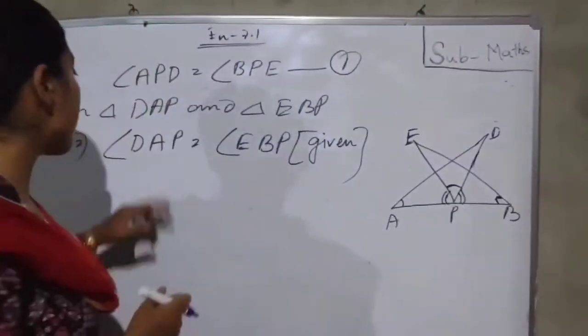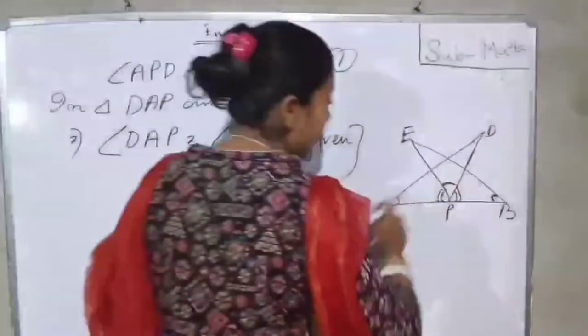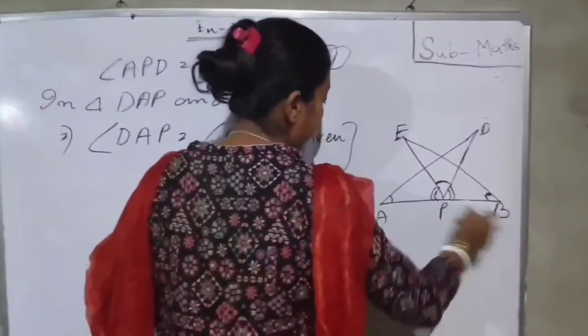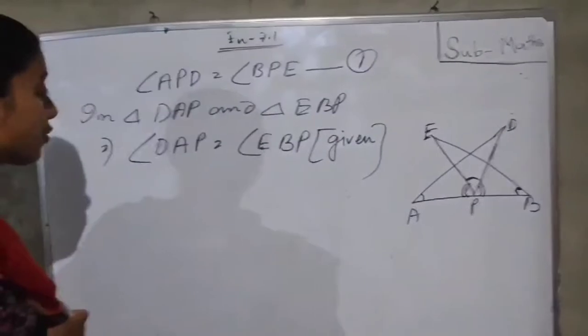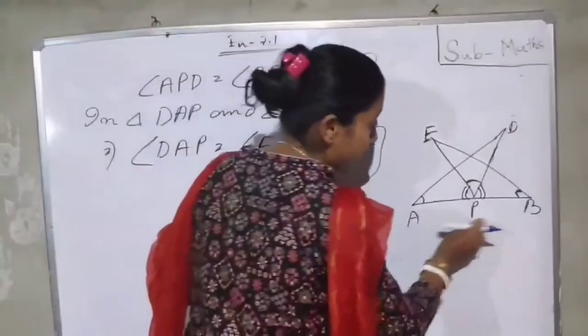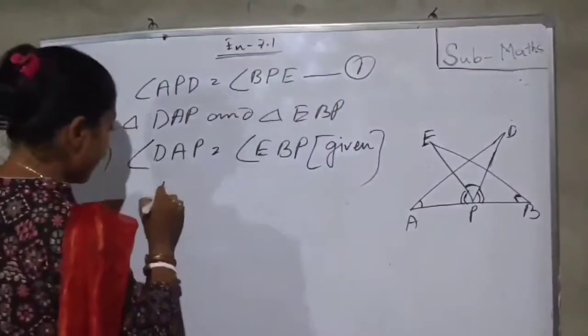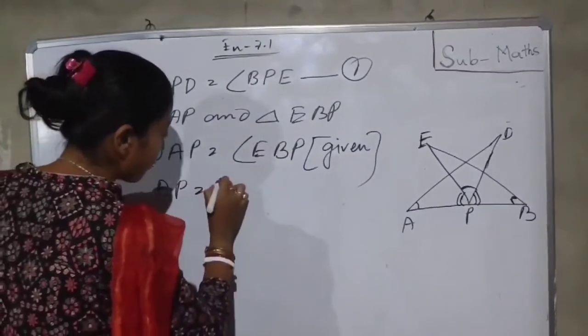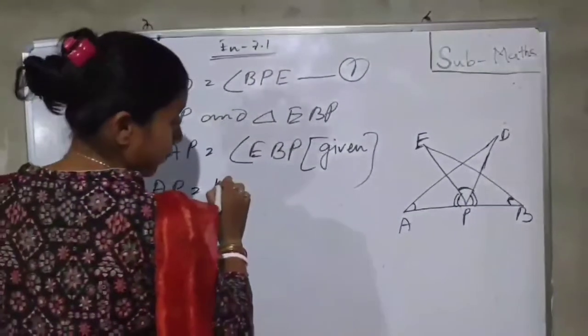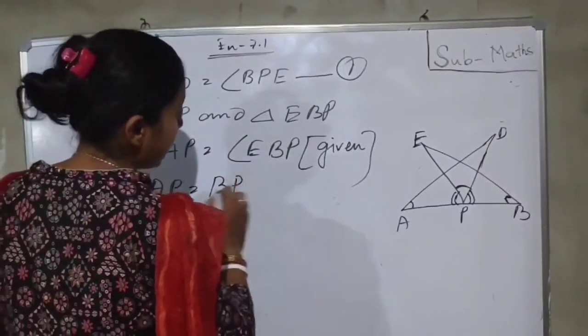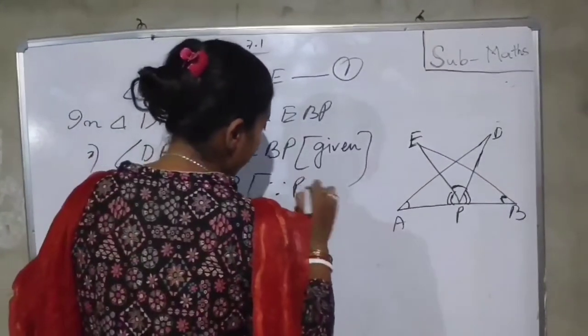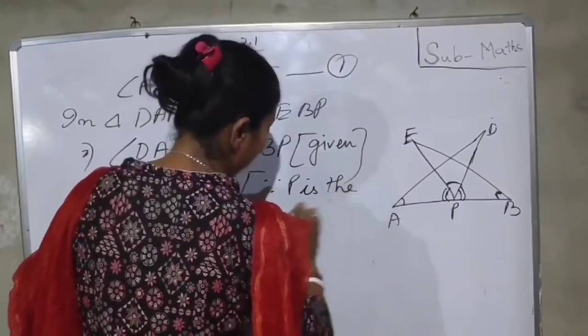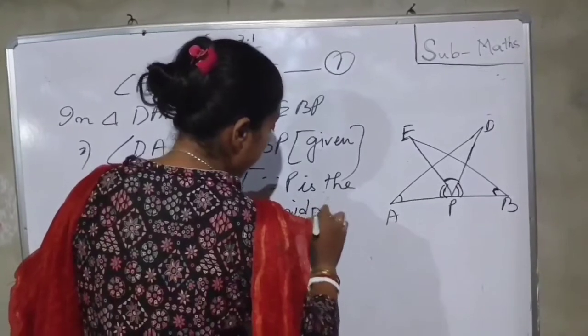Now we can write AP equal to BP. Why? Since P is the midpoint of AB.